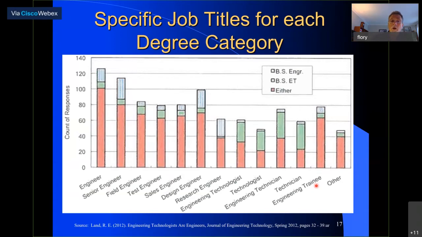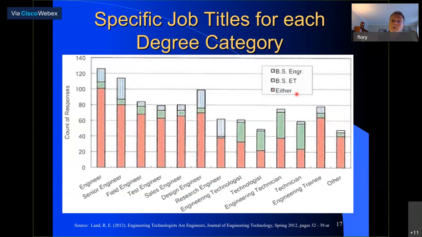And the green in this case are the confirmed graduates from engineering programs. And then the red, which is the largest of the bars, were not distinguished by the actual employers. Quite honestly, I suspect because the employers didn't know or didn't care to look it up, or chose not to look up the information.